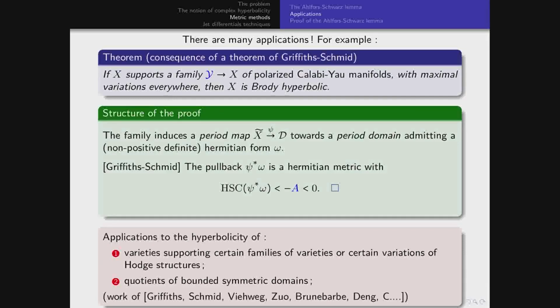And so many people have worked on these problems, Griffiths, Schmid, as explained above, Viehweg, Zuo, Jonas Brendle, Bi-Ao Deng, and myself, and many other people I have not the time to quote here.